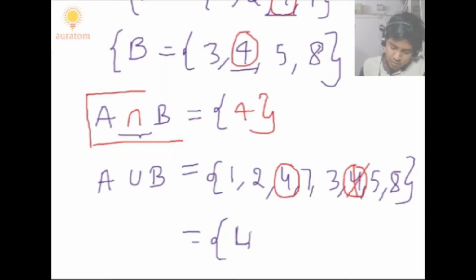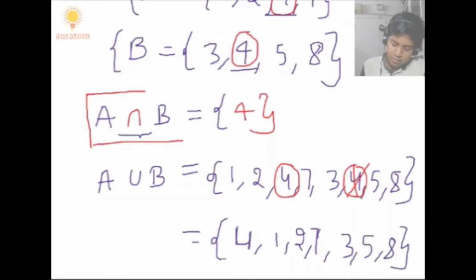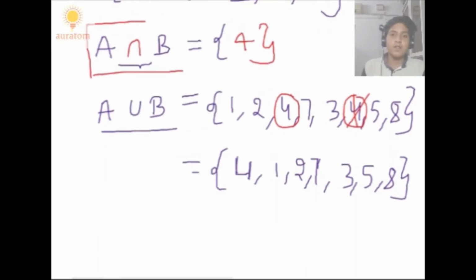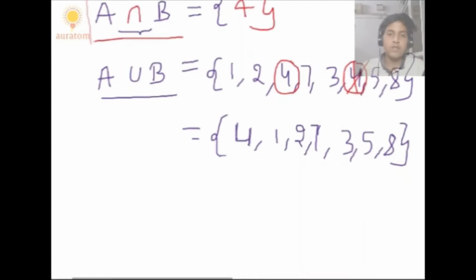First we write the common element, and then we write the rest of the elements which are not common: 1, 2, 7, 3, 5, 8, right? So this is the union operation. All it does is it includes the elements which are either in A or B. So it's kind of like adding the sets together, but we don't add the common element twice. Otherwise we would end up getting two of the same element in one set, right?